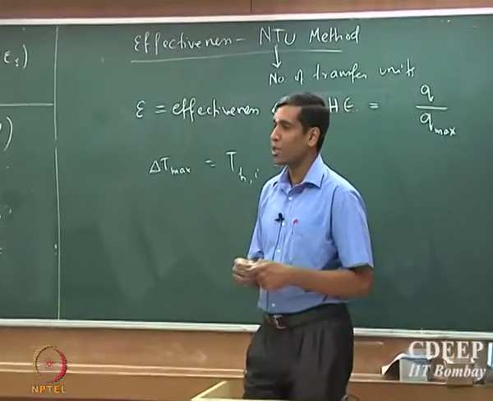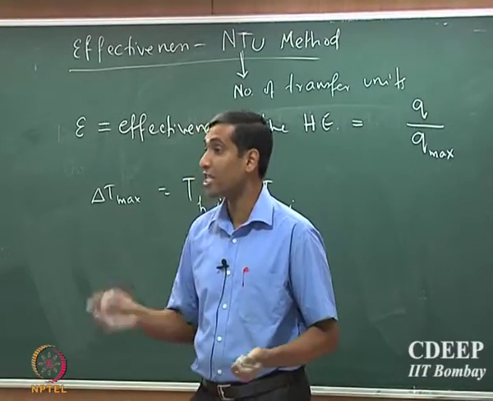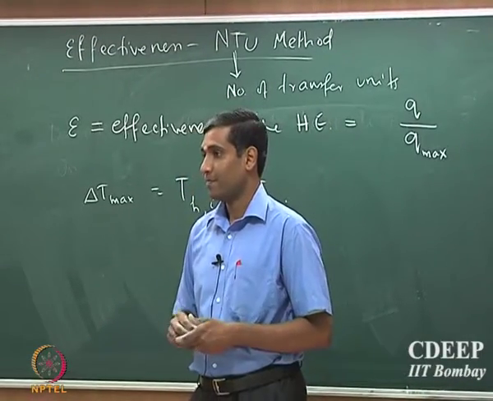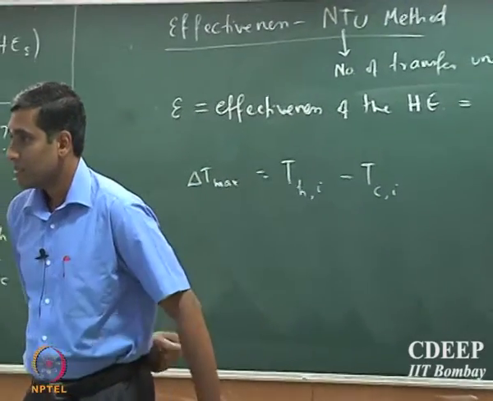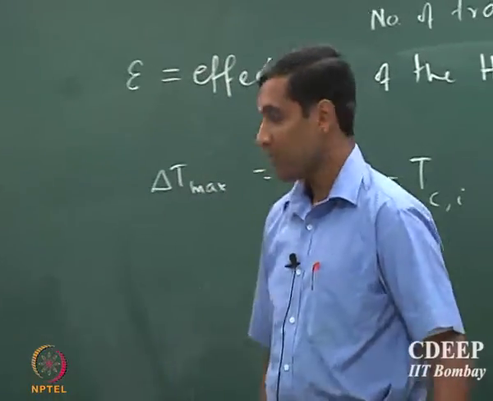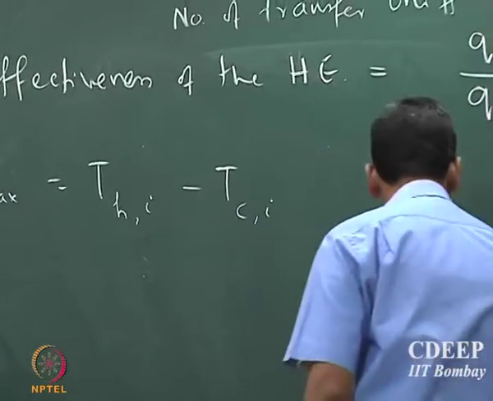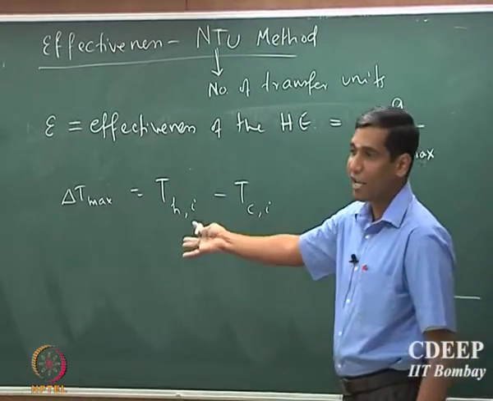What is the maximum possible temperature difference in any heat exchanger? Maximum possible. Delta T? Not really. We know that. So for example, if I take a counter flow, okay, it's definitely not the case in a parallel flow.